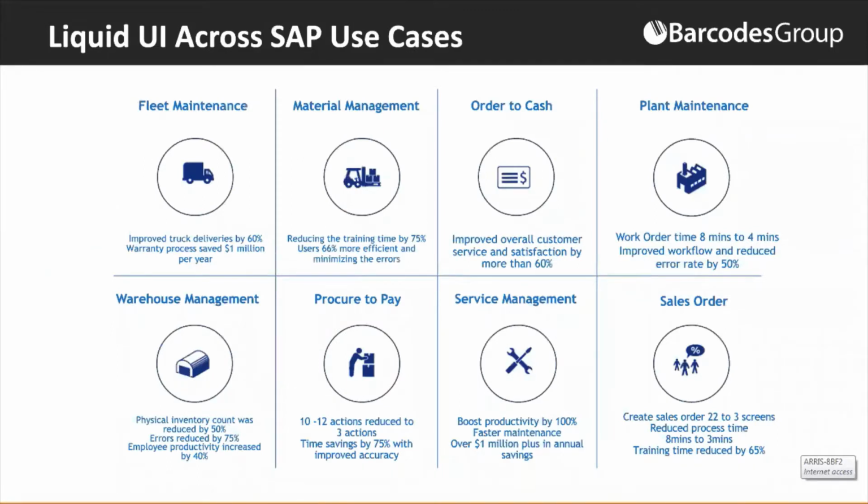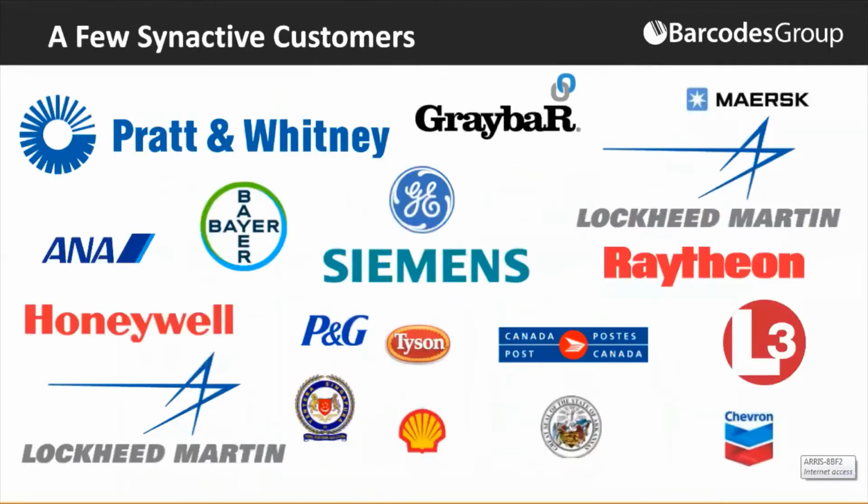You can gain significant returns on your mobile investment across your entire enterprise in multiple lines of businesses, such as warehouse management, where SAP customers are seeing 40% increases in productivity and 50% reductions in errors. There are over 1,000 customers running this SAP GUI on mobile devices with Liquid UI today. And here's an example of just a few of the customers globally that are running this SAP GUI and getting these types of advantages.